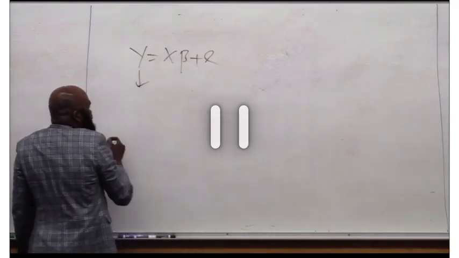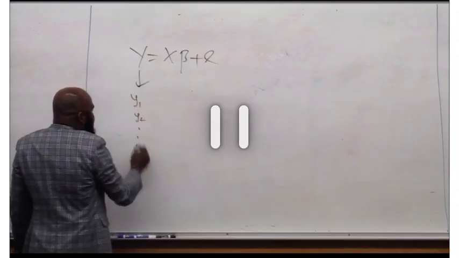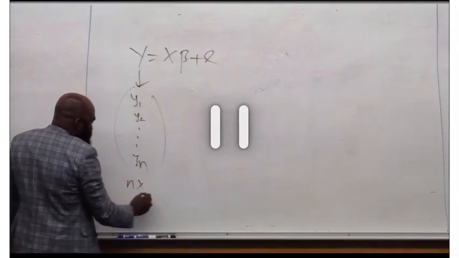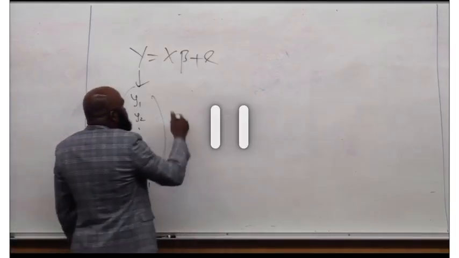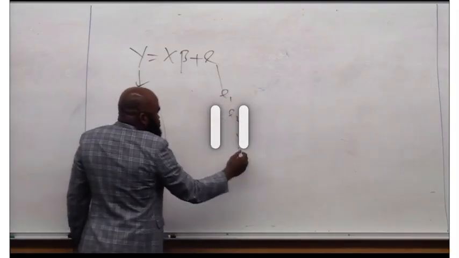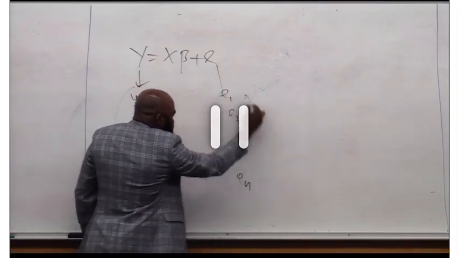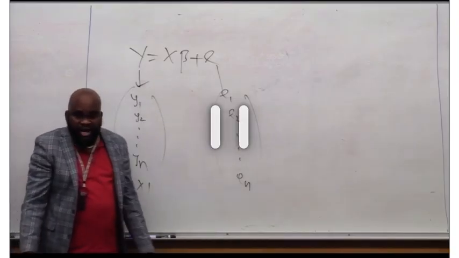Because I'm going to have y1, y2 up to yn, this is going to be n by 1, n number of observations by 1. The error is also going to be e1, e2 up to en. The dimension of the response is also going to be the dimension of the error.